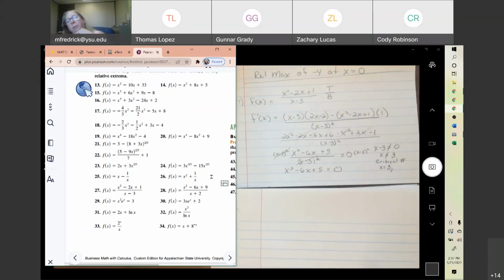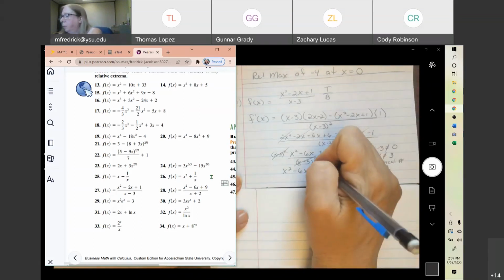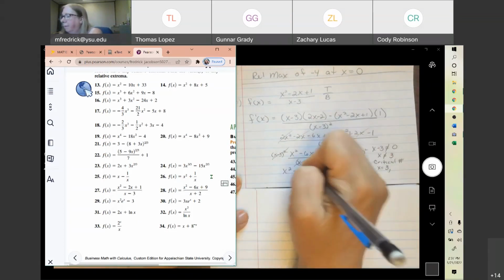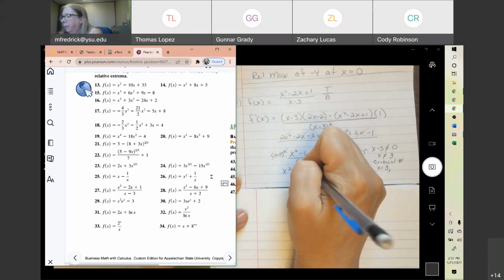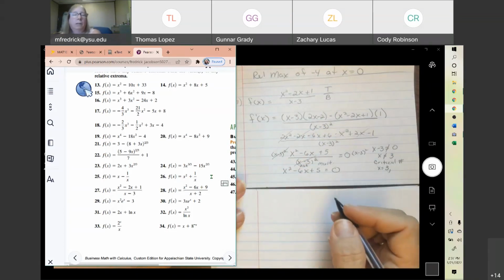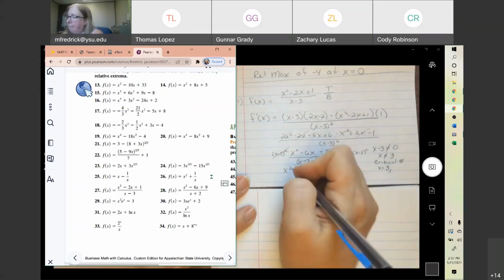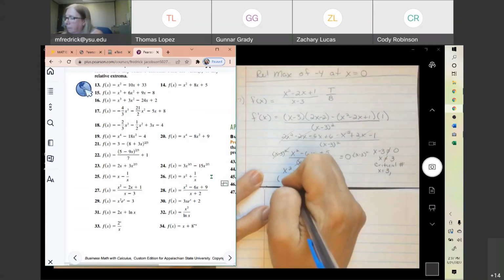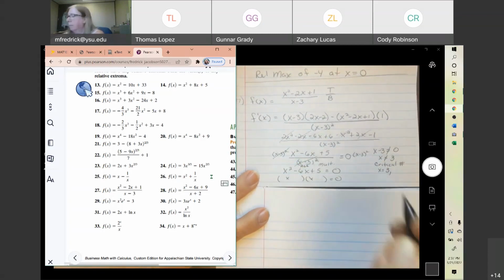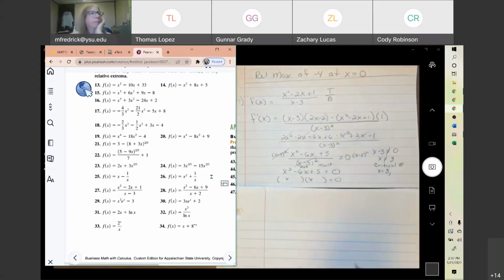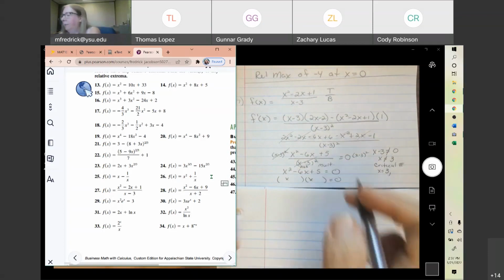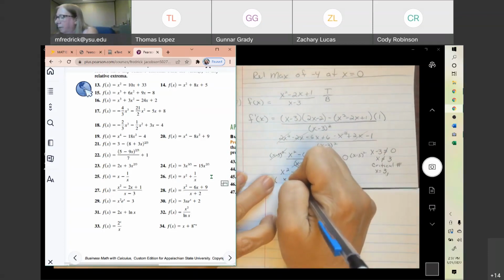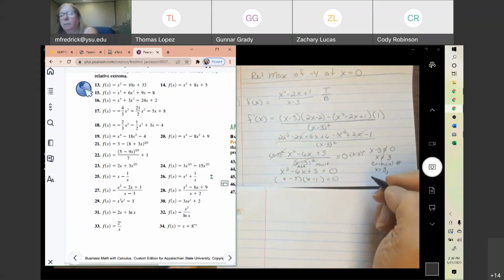This one's factorable. Two numbers, when you multiply, you get a -5, and when you add, you get -6, are what? -1 and, yes, thank you. -1 and -5. So x minus 5, x minus 1.